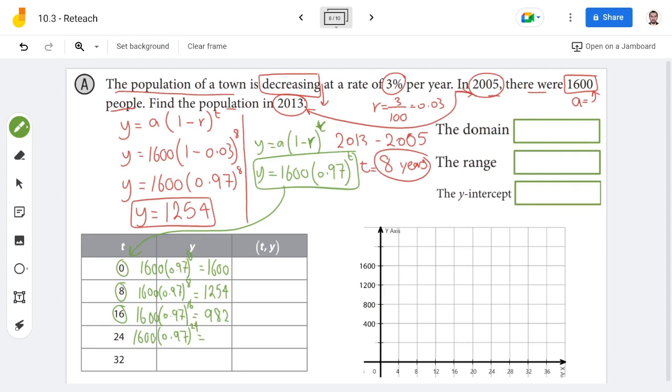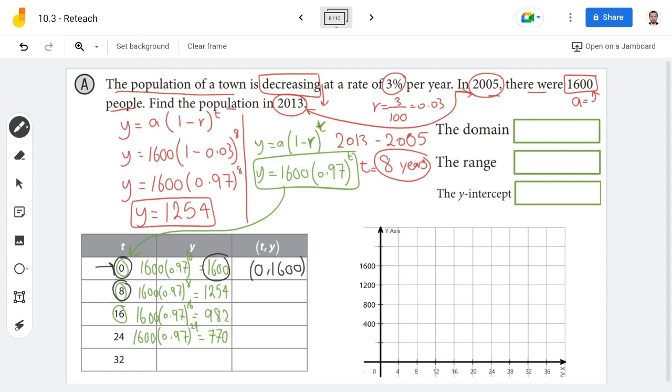I am ignoring the decimals, but it's fine if you take them or ignore them, because your graph will not be very accurate. We don't have to graph the last one. So the first coordinate is 0 and 1,600.